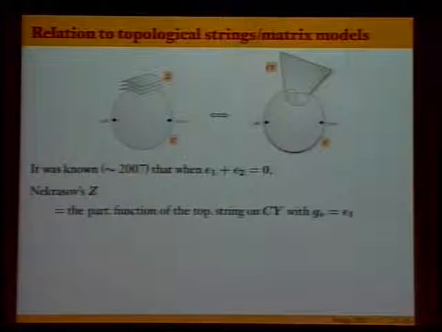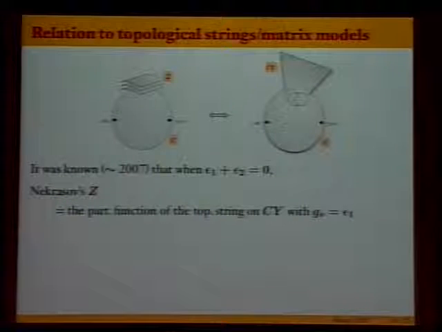In that case, it's known that the Nekrasov partition function of the gauge theory is equal to the topological string partition function on a Calabi-Yau, which is given by changing these N fibranes into a fibration of N-1 ALE spaces. So this is my crude way of drawing an ALE space.